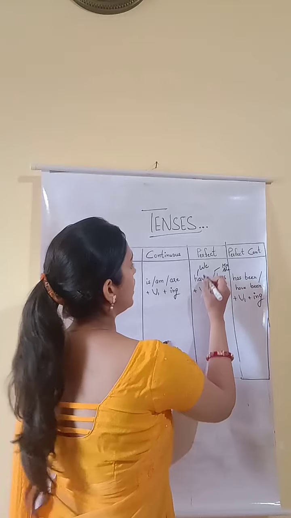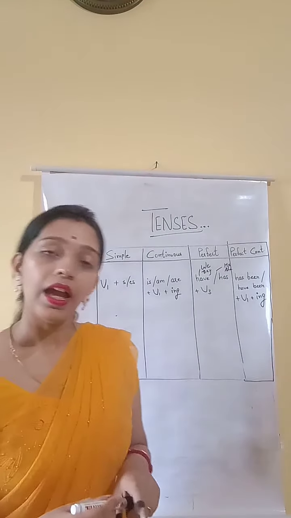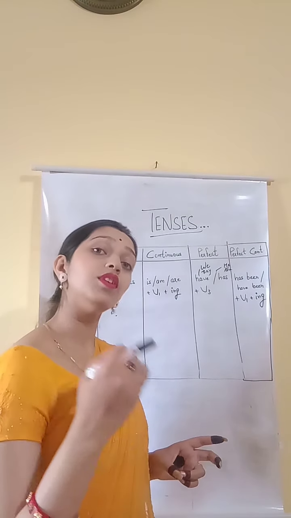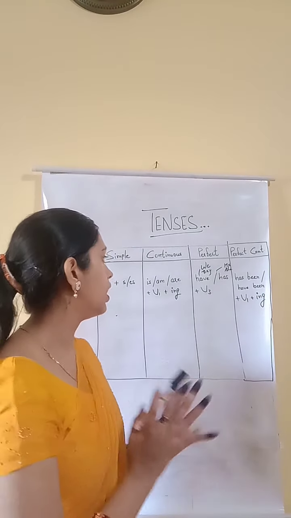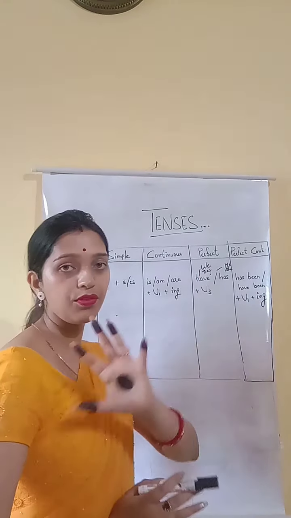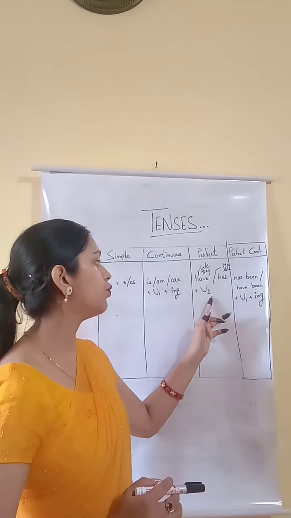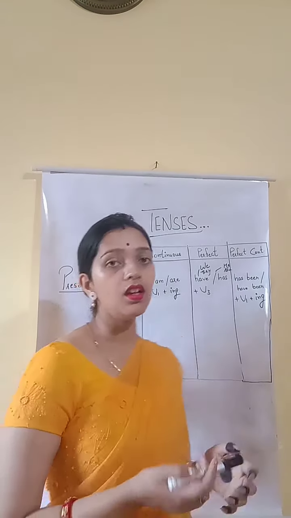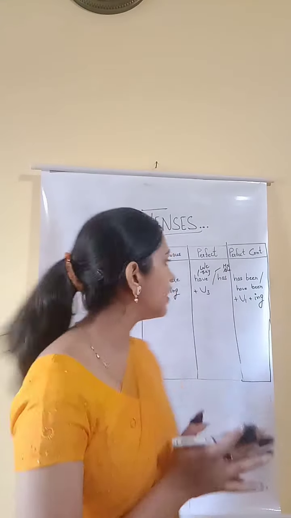For have, we have, they have. So according to the sentence, whatever you would like to speak or write, you can use as per your convenience. If you are using we or they, you need to write have and verb third form. And if you are using he, she, it, then you need to write has. Okay, I hope it was clear.